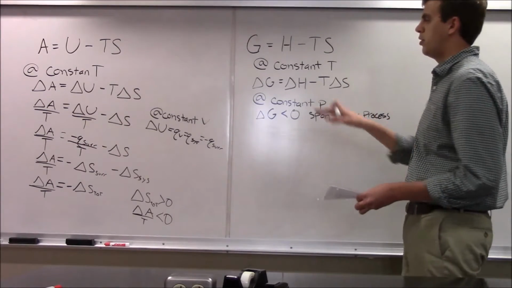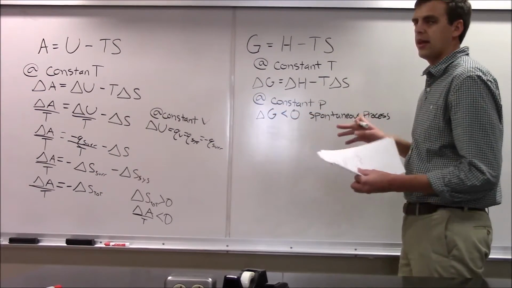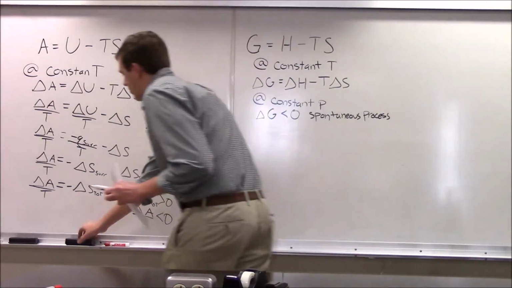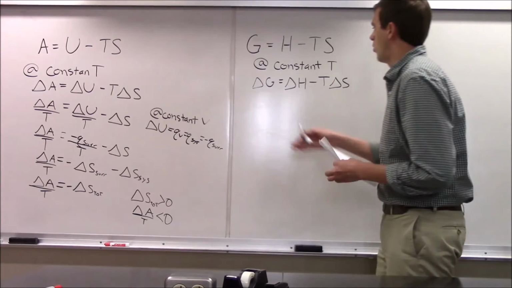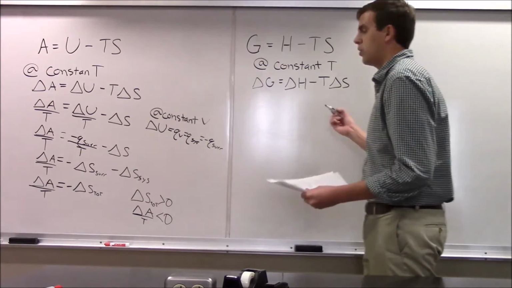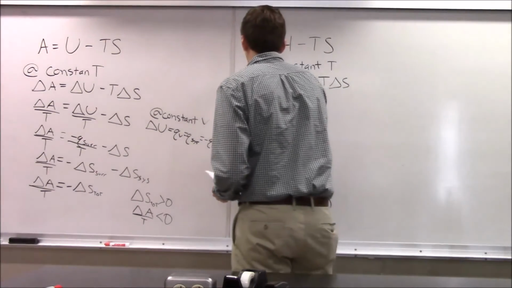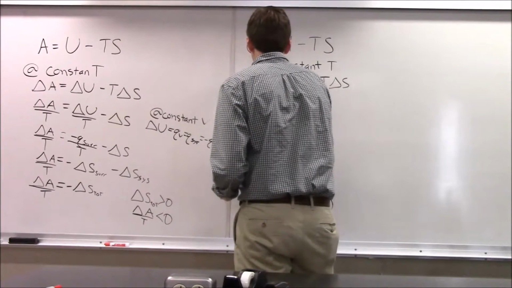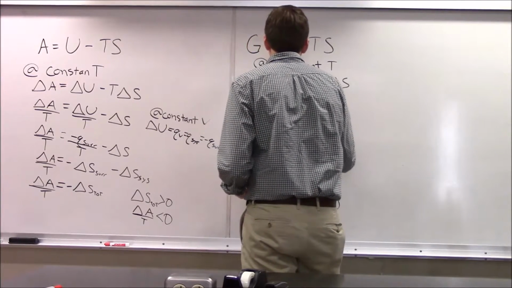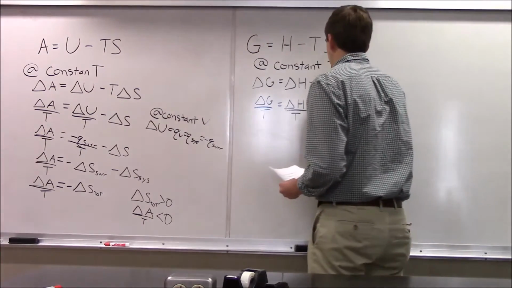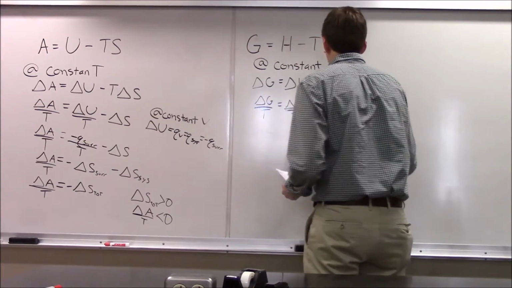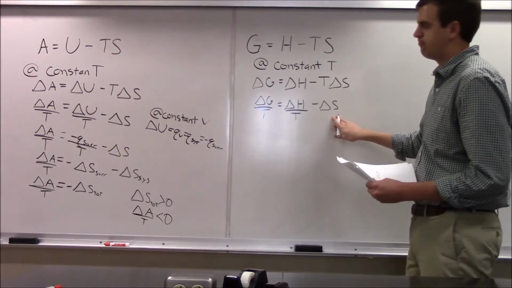Now, we can do a similar derivation to show why that is. Starting with this equation here, I'm going to do the same math and divide everything by temperature. So I have my Gibbs free energy change over temperature, my enthalpy change of my system over temperature, and now just my negative entropy change of the system.